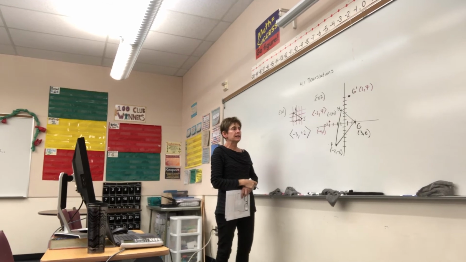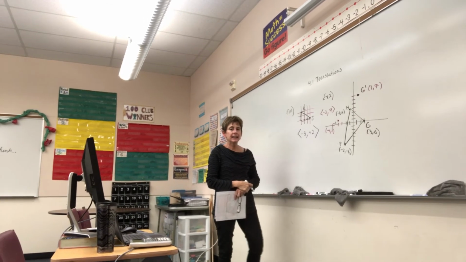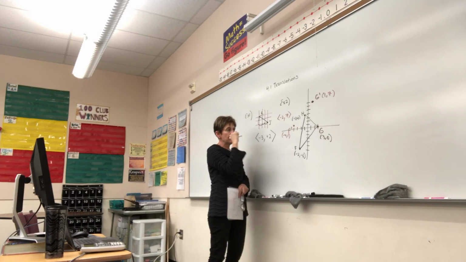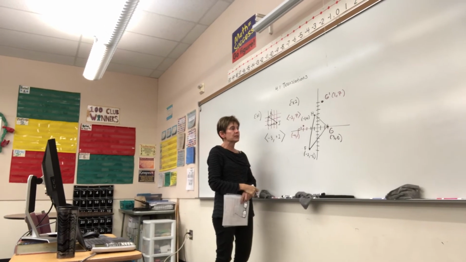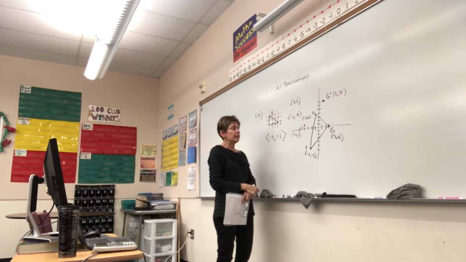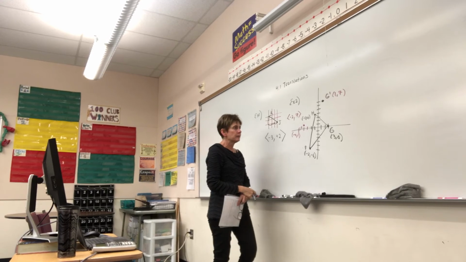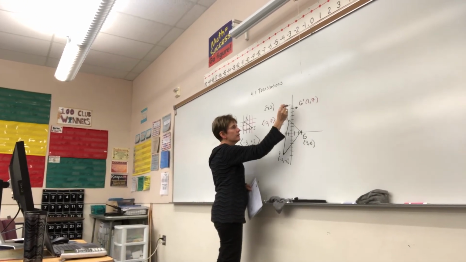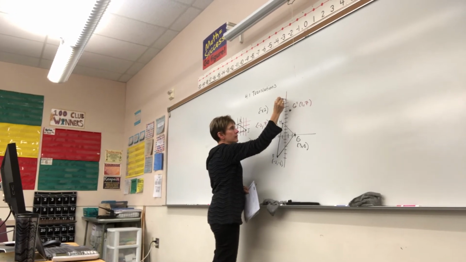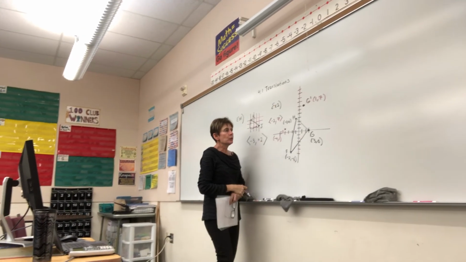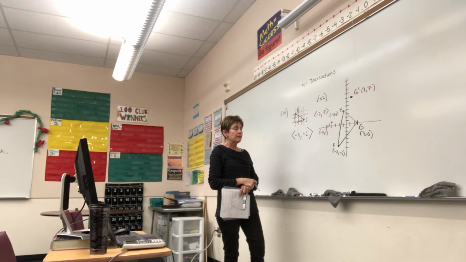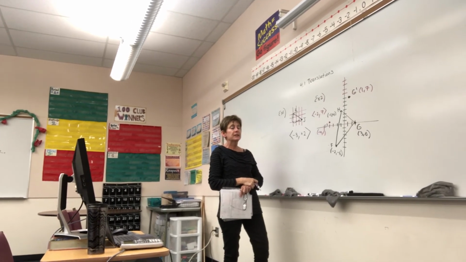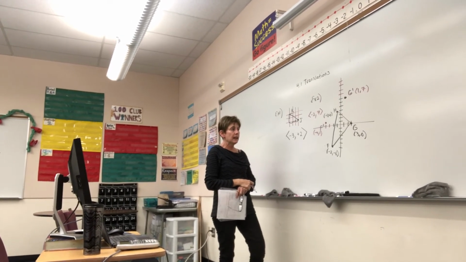See if you can translate point H using the translation vector -2, 7. H is currently at -1, 4. So what you should have done is either on your graph paper counted 2 to the left and 7 up, or just done the algebra.